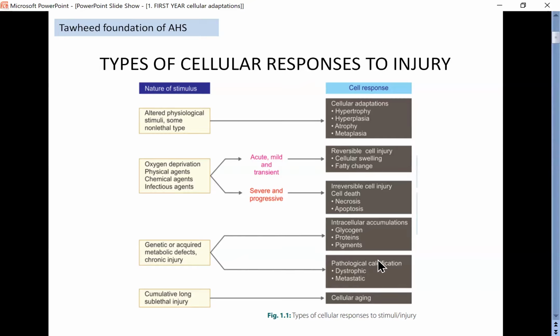Other than that, you have pathological calcification and cellular injury. What we are going to concentrate upon today is cellular adaptation.